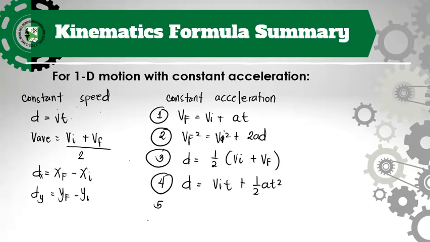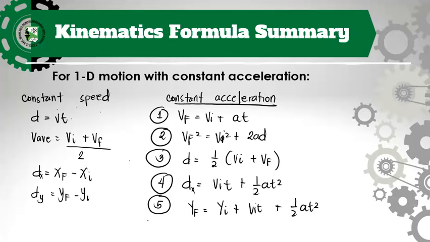And then the fifth equation, which is for the y-axis as the counterpart of the x-axis: for the y-axis, we can use YF is equal to y naught, or YI, plus VIT, plus 1/2 AT squared. Those are the 5 equations that we're going to use when we have a body in motion with constant acceleration.